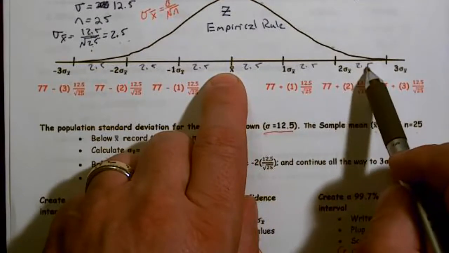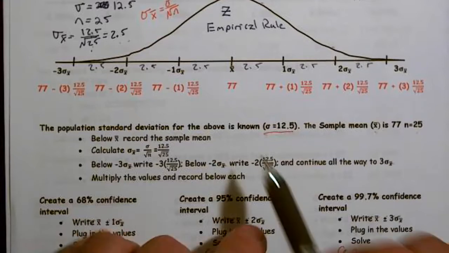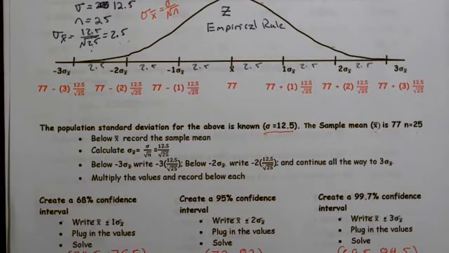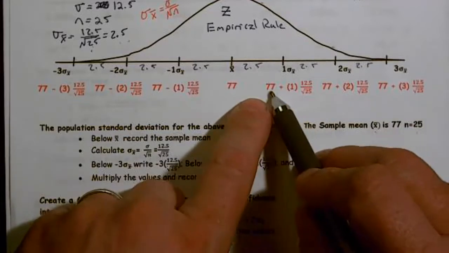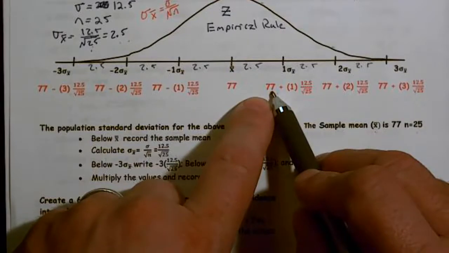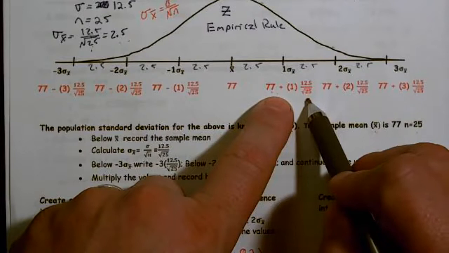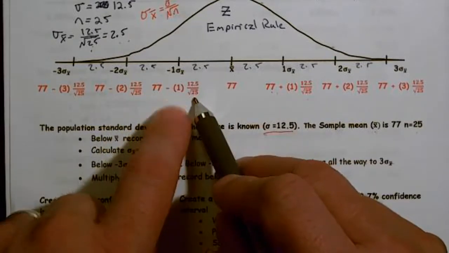So that's our measurement rule. And I'm going to do this by the empirical rule, so this is not going to be calculator accurate, just approximate. One standard deviation would be 77 plus 12.5 divided by the square root of 25, and 77 minus 12.5 divided by the square root of 25.